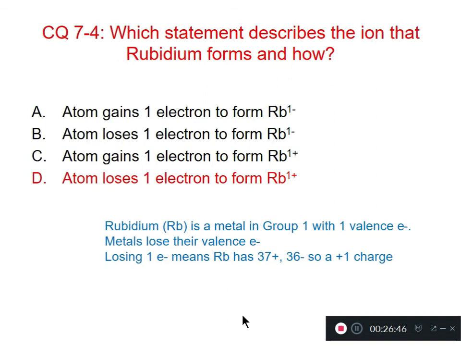So rubidium is a metal in group 1 with 1 valence electron, and we know that metals lose their valence electrons. And if it loses its 1 valence electron, that means it would have 37 positive charges and 36 negative charges, so it will have a +1 charge. When it loses electrons, it becomes positively charged. So the answer is D.